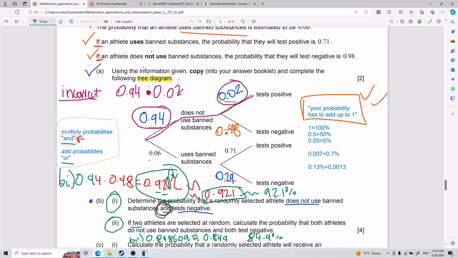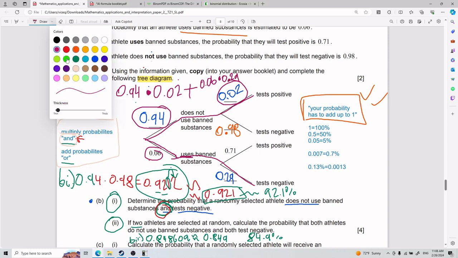They test positive, 0.02. Or, there's a plus sign. Or they use banned substances, right, uses, but they test negative. And so they didn't get caught, basically. They didn't get caught. So that would be 0.06 and 0.29. See?